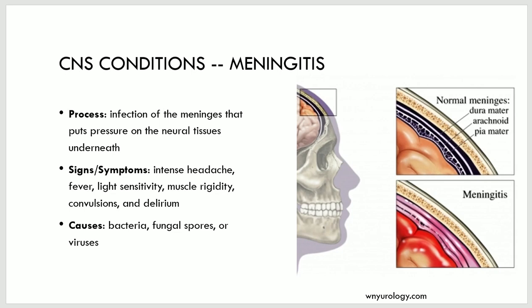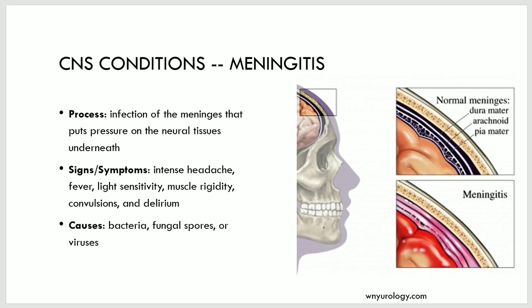But what are signs and symptoms because of that increased pressure on the brain, or we call it intracranial pressure? Those are intense headaches, light sensitivity, muscle rigidity, convulsions, delirium. So you've heard of people being delirious. Meningitis, people with meningitis become pretty delirious.